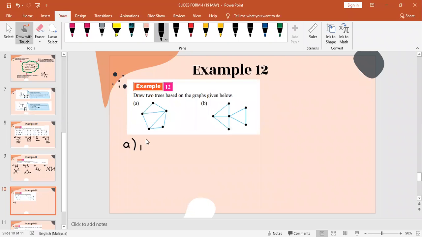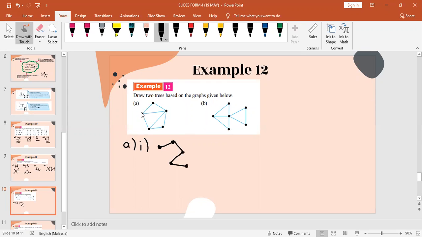So for example, the first tree will look like this. 1, 2, 3. This one, and lastly this one.